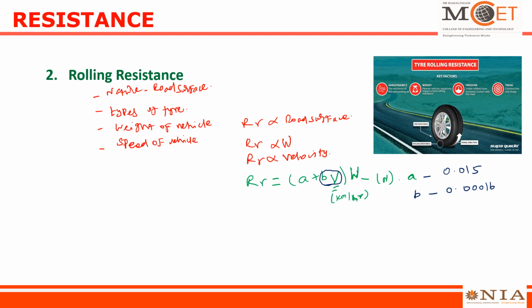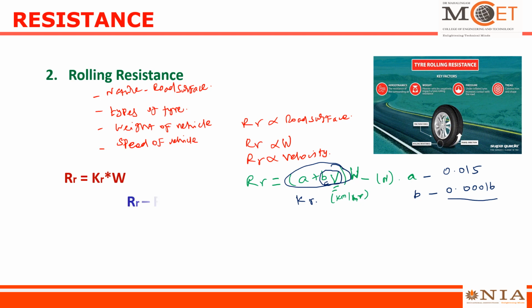We can simplify this formula to Rr equal to Kr into W, because the B value is very minimum, 0.00016. Even if the velocity of the vehicle increases, we get a minimum range of value, so we give Rr equal to Kr into W. I just converted this A plus BV as the rolling resistance coefficient.